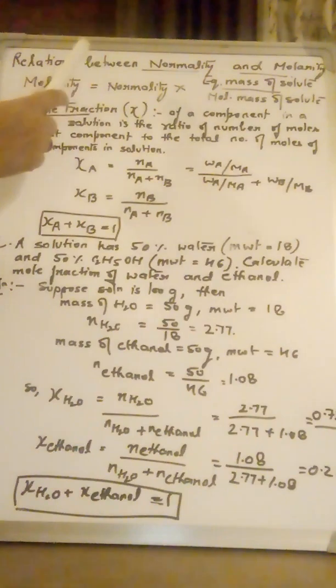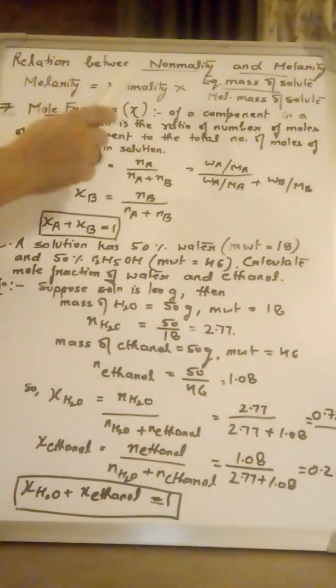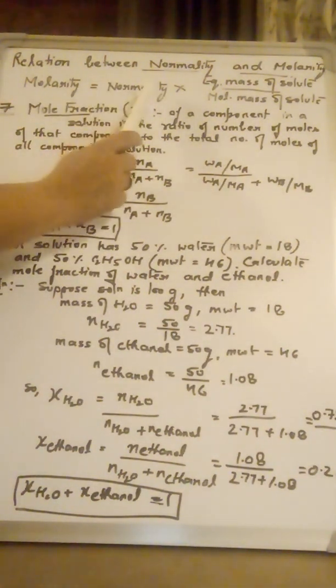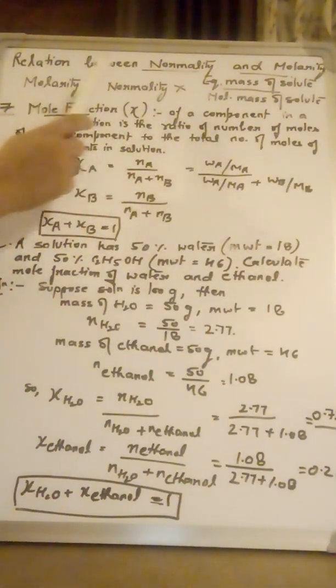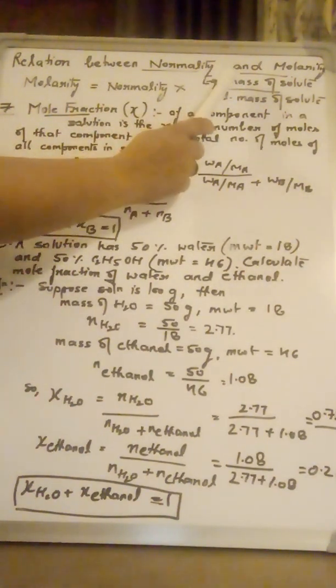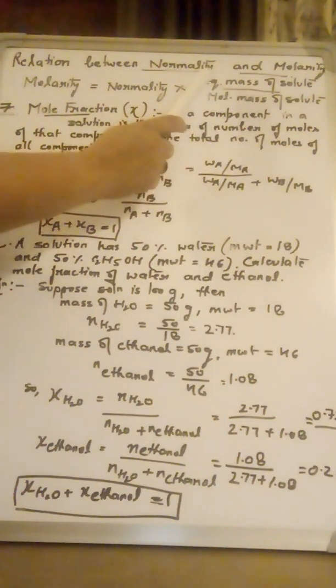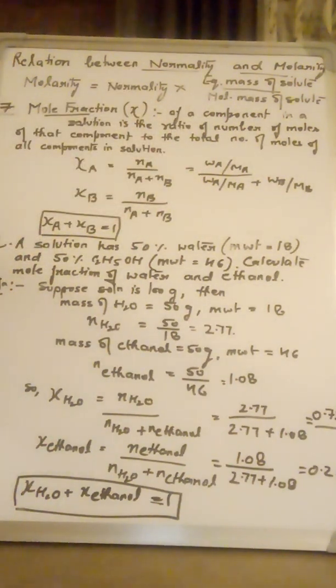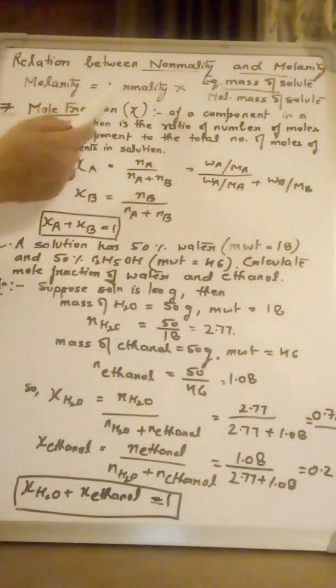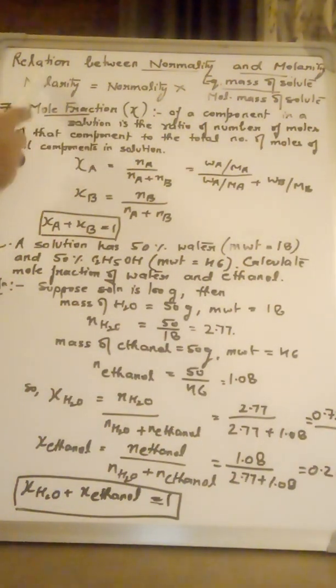So suppose you know the normality of a particular solution and you want to find its molarity, then molarity will be normality into the equivalent mass of the solute taken in the solution upon its molecular mass, right?